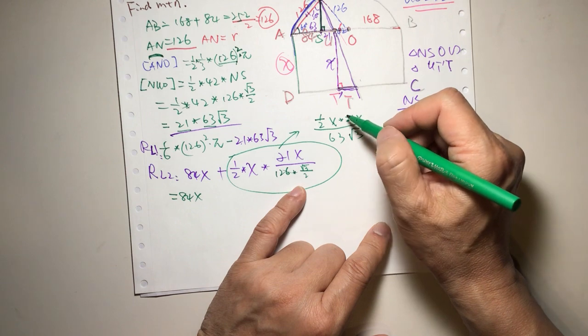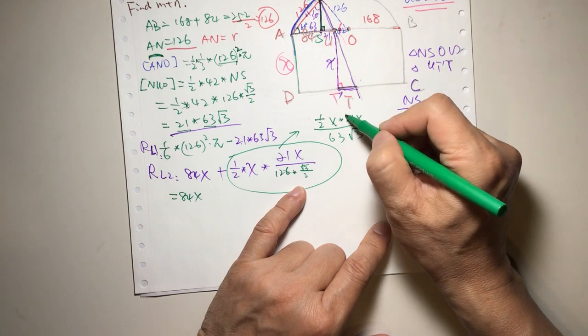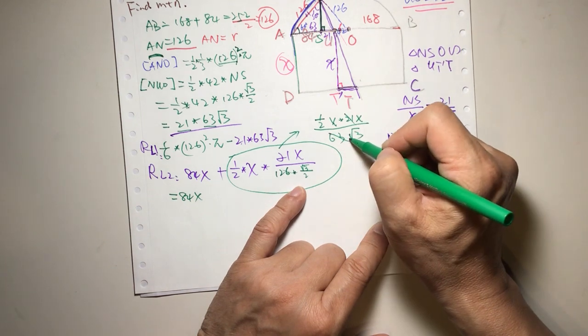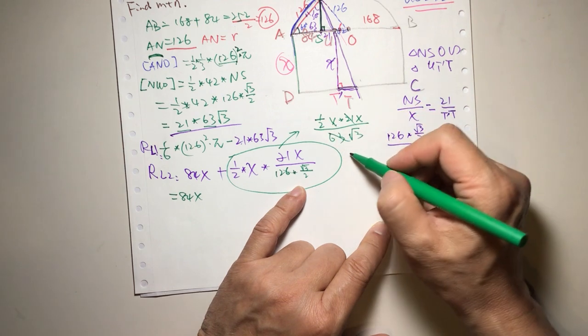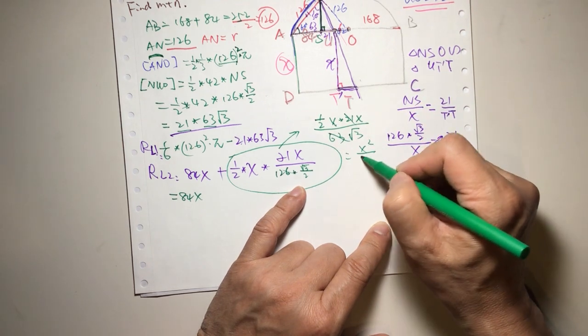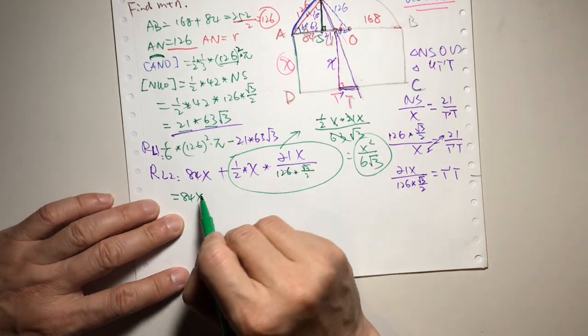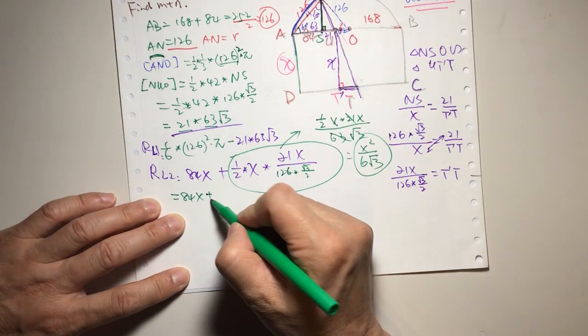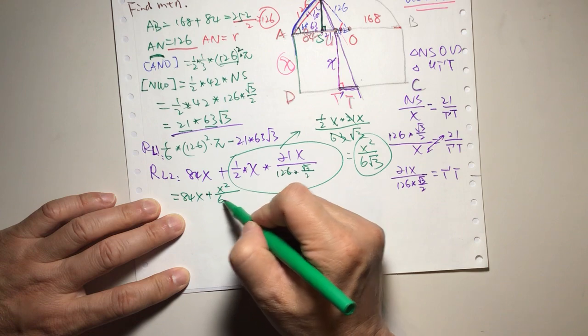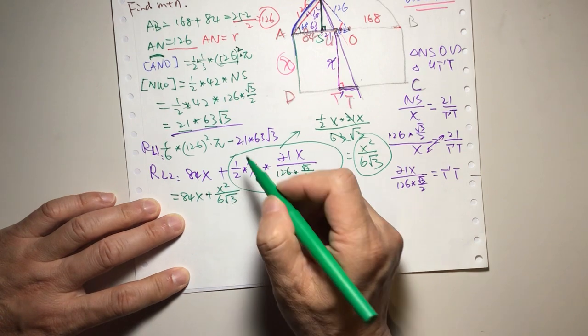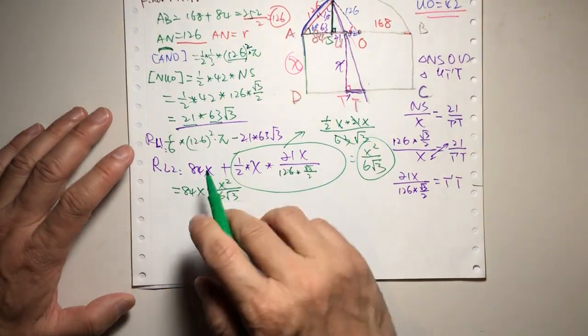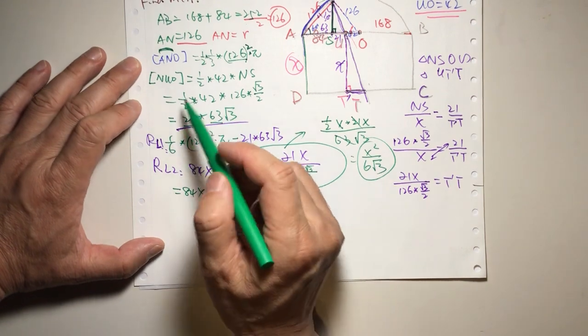So this is just the 3 times this 2, so it's x squared over 6. That's it, right? So 84x plus x squared over 6 times square root of 3. That's it. That's R2.